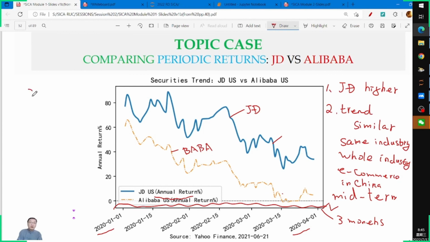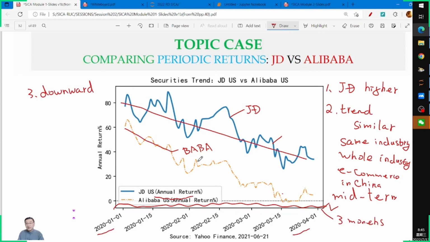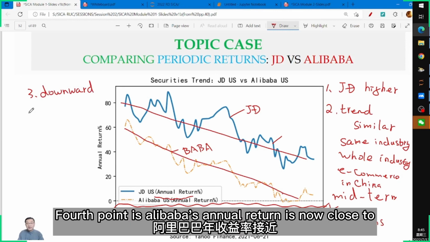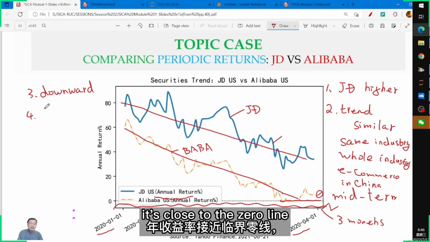Third point, both companies' annual returns are downward. Fourth point, Alibaba's annual return is now close to the critical zero line. It's close to the zero line.